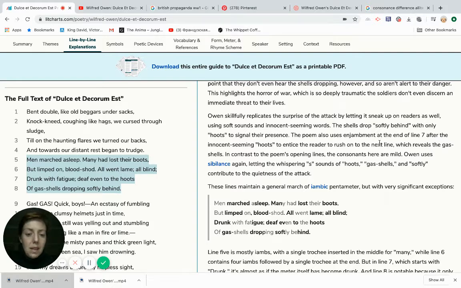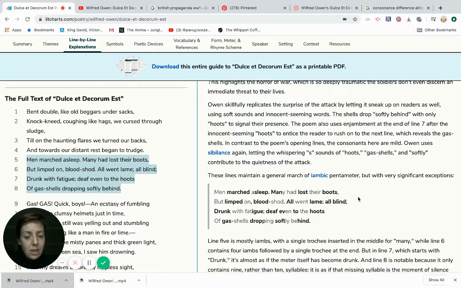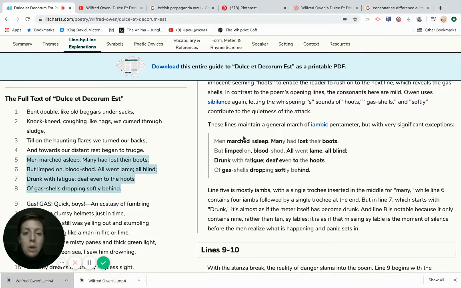These lines maintain a general march of iambic pentameter, but with very significant exceptions. Men marched asleep. Many had lost their boots, but limped on, bloodshot. All went lame, all blind, drunk with fatigue, deaf even to the hoots of gas shells dropping softly behind.